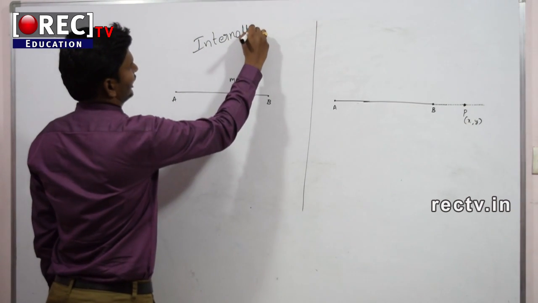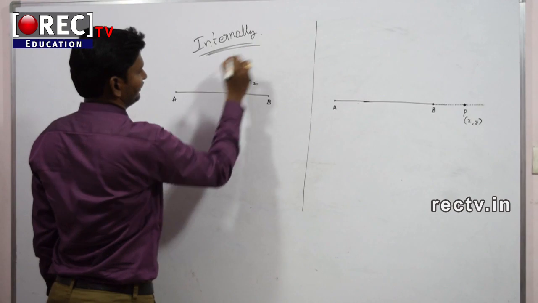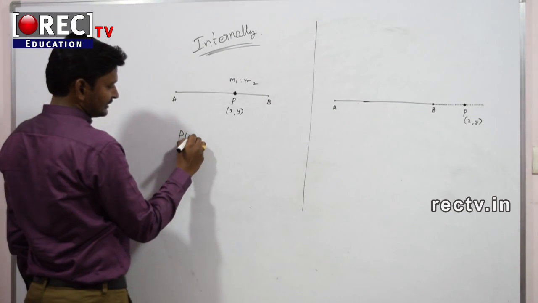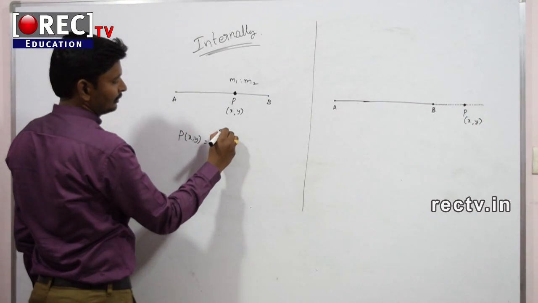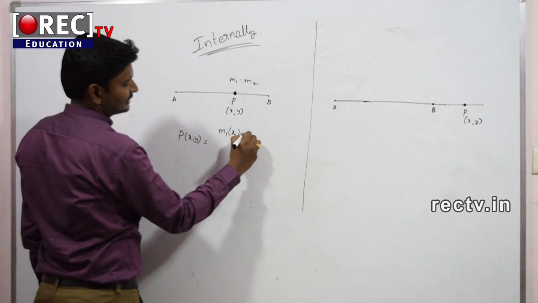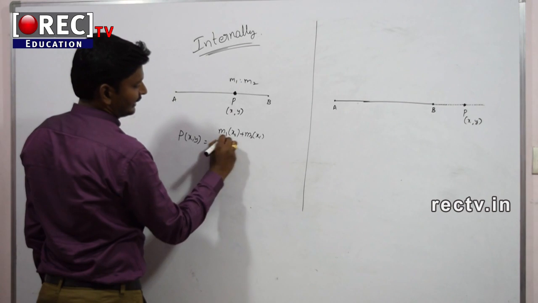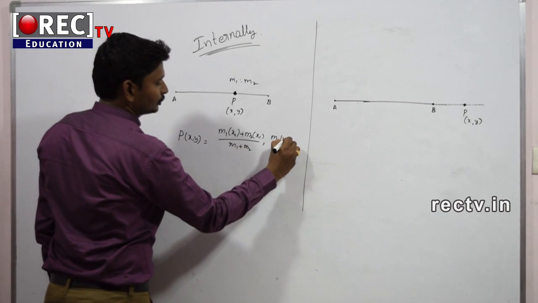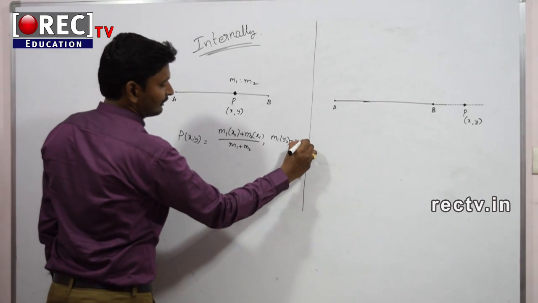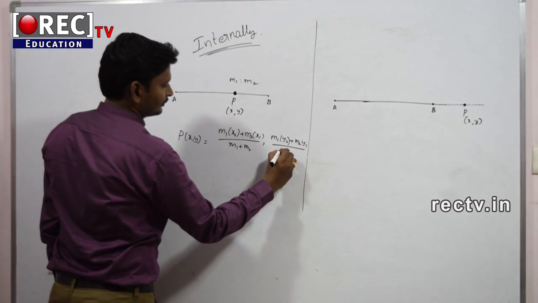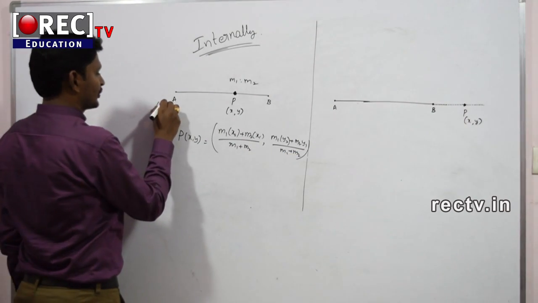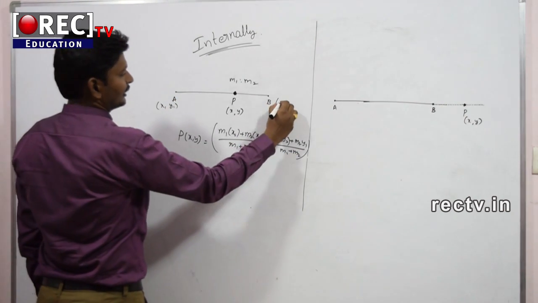That is, the point P is internal between A and B. Now here the formula is P(x, y) equal to (m1 x2 plus m2 x1) divided by (m1 plus m2), comma (m1 y2 plus m2 y1) divided by (m1 plus m2). Here the first point is (x1, y1) and the second point is (x2, y2).